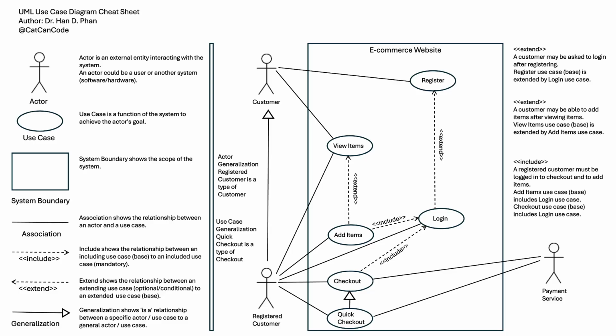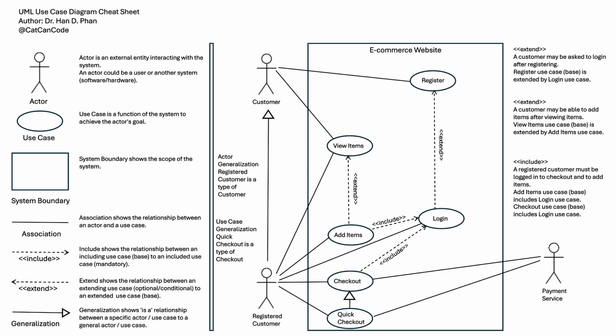The register customer also can view items, but they also can do checkout or quick checkout or login or add items. The relationships between the register customer and the listed use cases are association relationships.